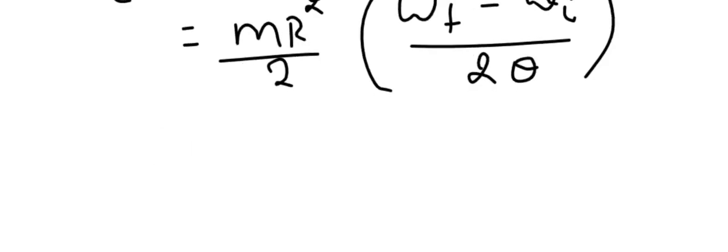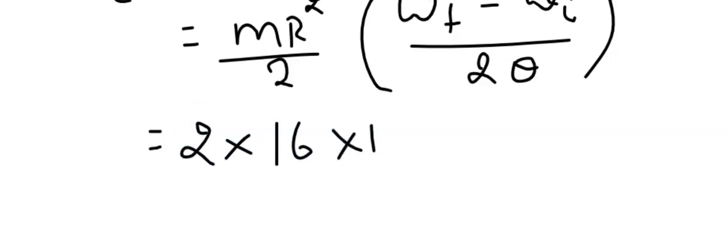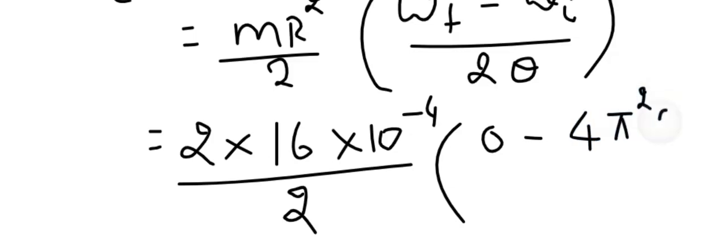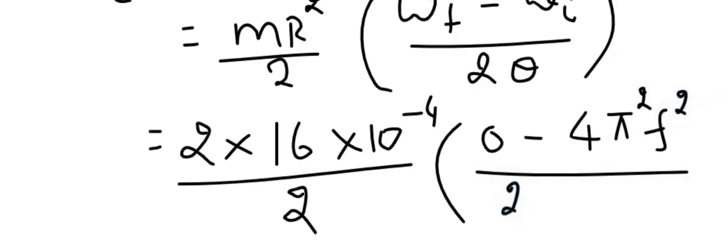That is going to give you 2 into r squared, which will be 16 into 10 to the power of minus 4, by 2, into final angular velocity 0 minus initial angular velocity, omega is 2 pi f. Squaring that gives 4 pi squared f squared, divided by 2 into theta, which is 4 pi, because it is going to be a full circle. We take theta to be 2 pi. So it is now going to be 4 pi squared.